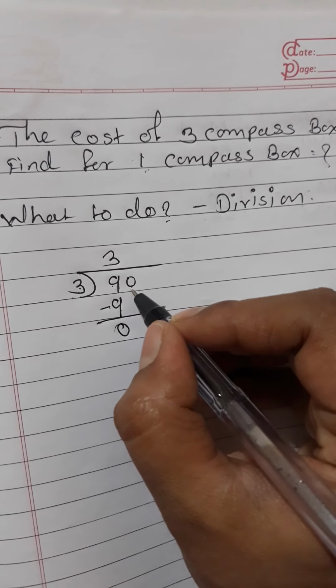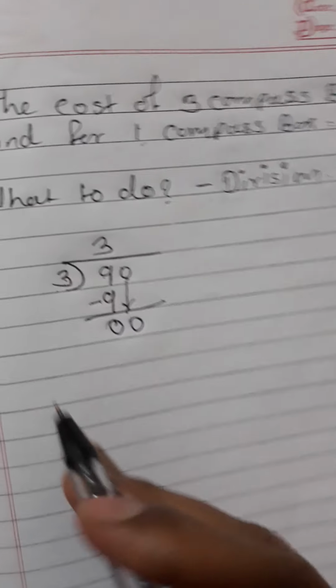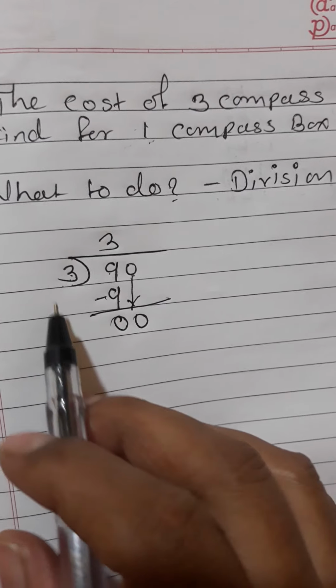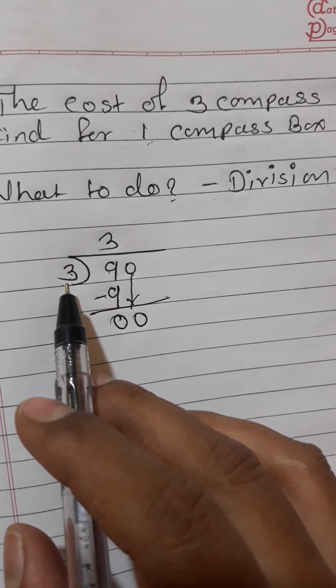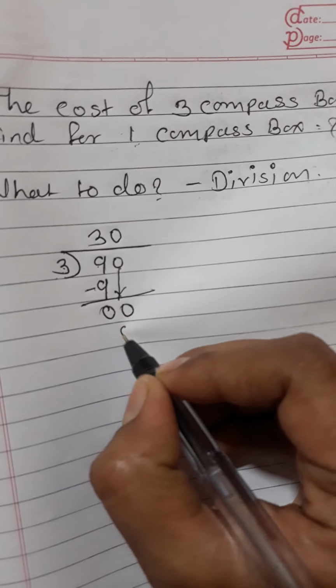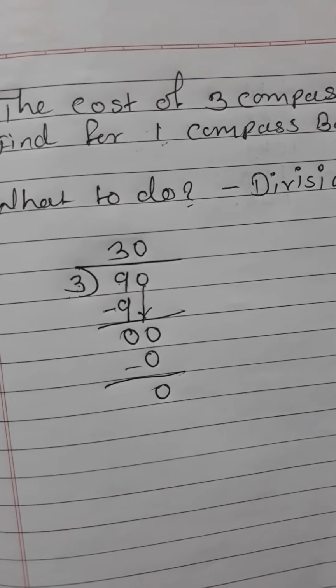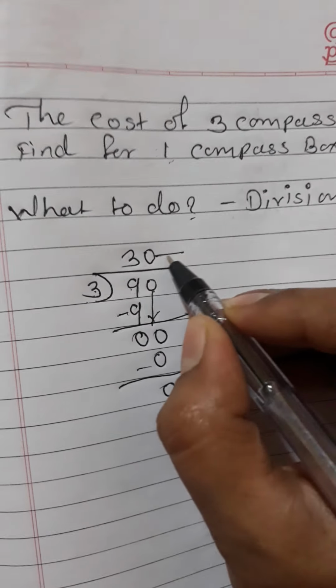Then this 0 remaining will come down here. When we divide or multiply 0 with any number, the answer is 0. So 3 zeros are 0. The answer is 0 and our quotient is 30.